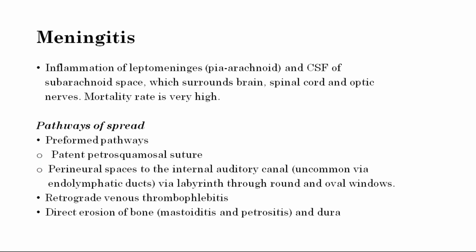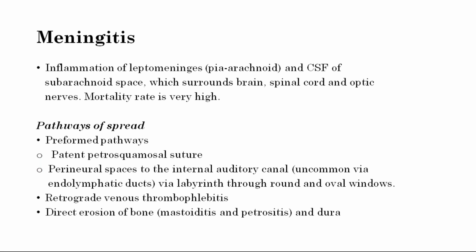So what happens here? The CSF normally is watery and clear. It's very clear and watery. But here, because the cell count is so high, it appears turbid and yellow in color. That's called xanthochromia. And when you do a count, the counts are very high, and mostly it is polymorphonuclear cells, that is, the neutrophils are high.